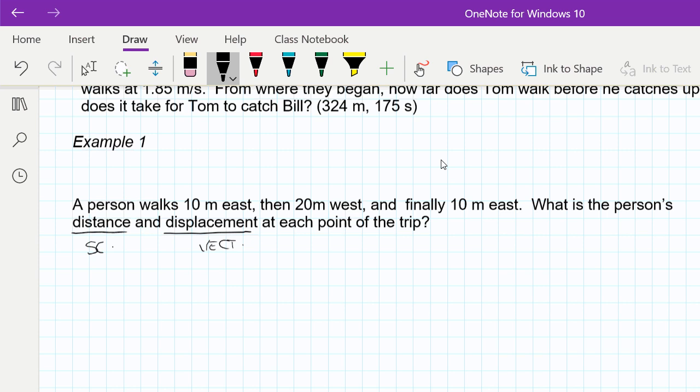So now we have a situation like this. A person walks 10 meters east, then 20 meters west, and finally 10 meters east. What is the person's distance and displacement at each point of the trip? So we'll draw what in physics is known as the situational diagram.